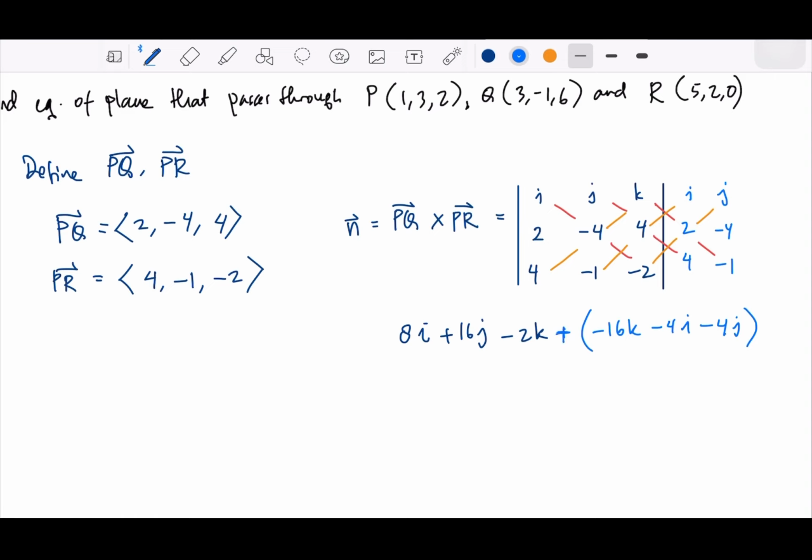So 16... oh wait, it's correct. Negative 4. Oh yeah, it's correct. So 12i plus 20j, and then 16 minus 2 is 14k. Okay, so this is the normal vector.